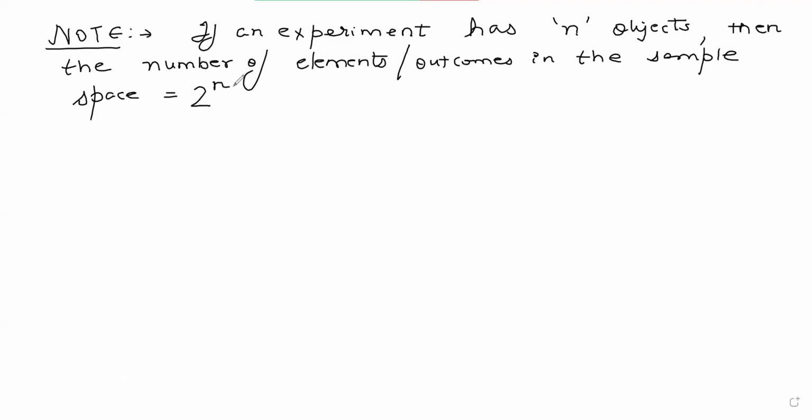If an experiment consists of n objects, then the number of elements or outcomes in the sample space will be 2 to the power n.